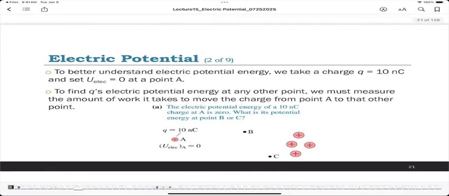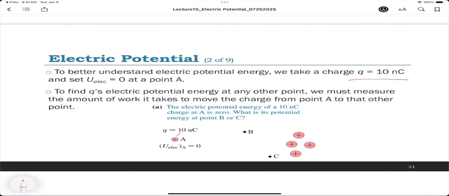To better understand electric potential energy, we take a charge Q equal to 10 nC and set the electric potential energy equal to 0 at point A. Here there is a charge Q, and the electric potential energy equals 0 at this point.